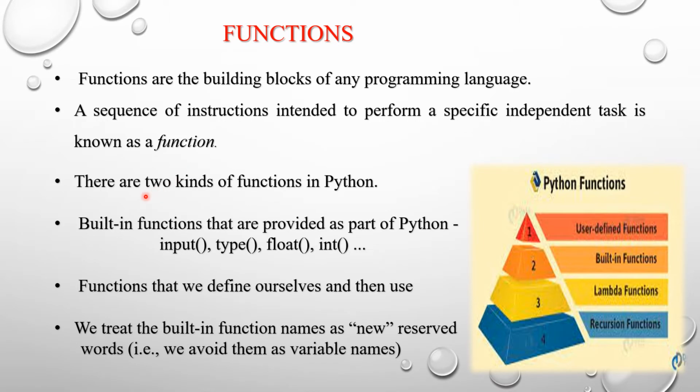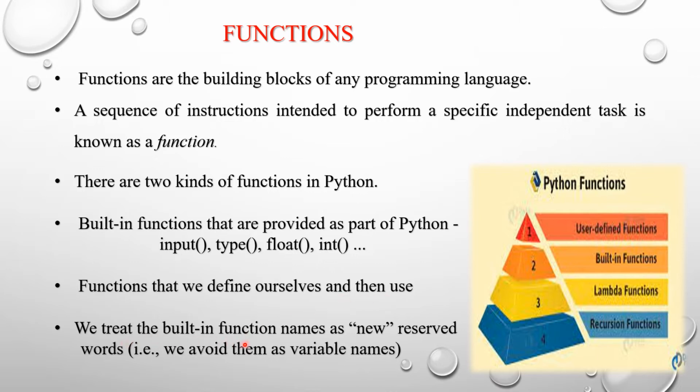In Python, there are two kinds of functions. The first one is the built-in functions that are provided as a part of Python. For example, input, type, float, and int are built-in functions in Python. The second one is the functions that we define ourselves and then use.